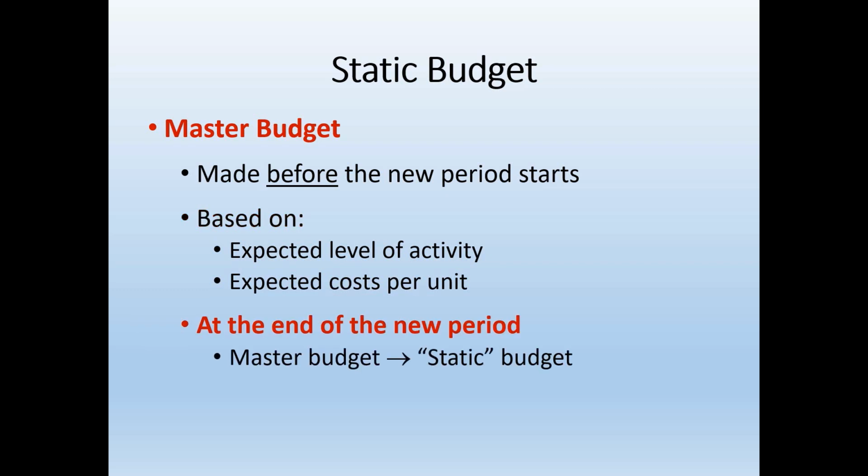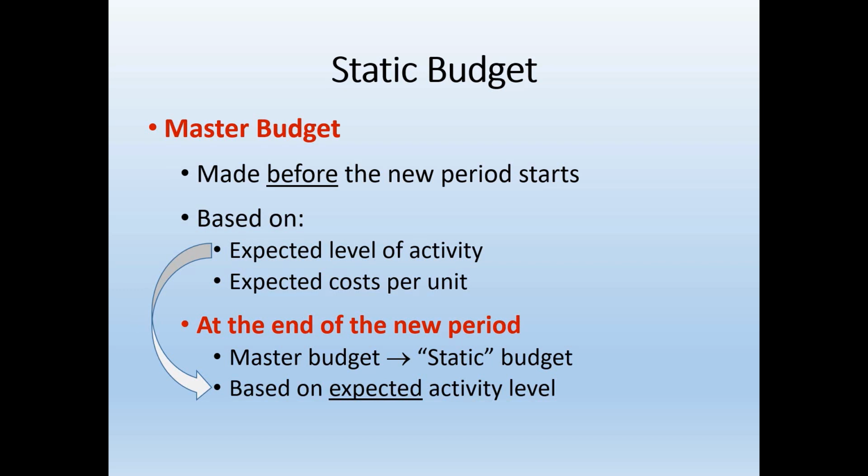At the end of the new period, the master budget becomes what's called a static budget. It gets that name because it was prepared at a specific level of activity. That is, the activity level that was expected before the period started.